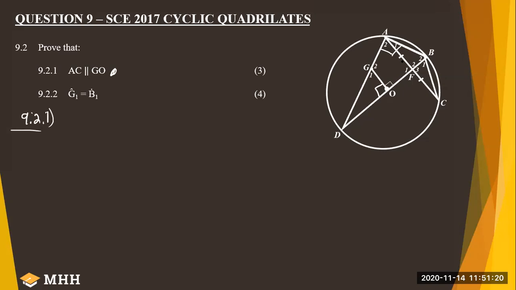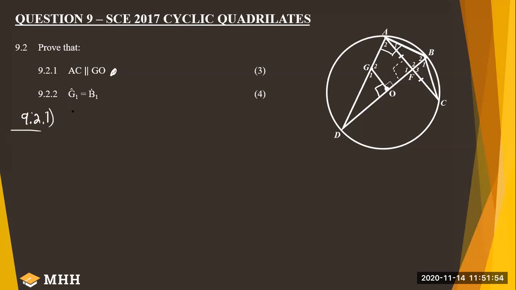If I can prove F1 is 90 degrees, then again it's going to be the converse. So if I can prove F1 is equal to O, then I can say, therefore, GO will be parallel to AC, because it's the opposite of proving that it's equal because it's parallel lines.